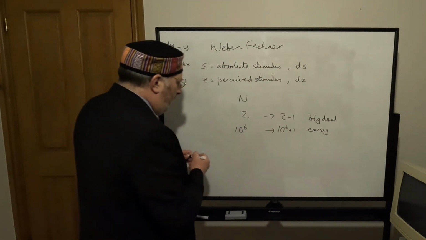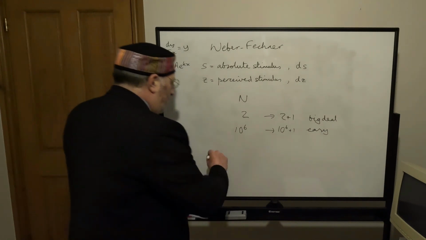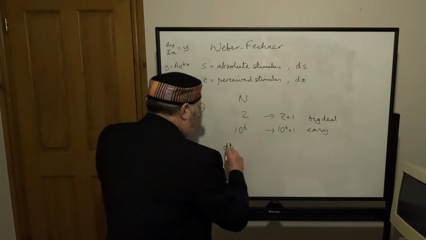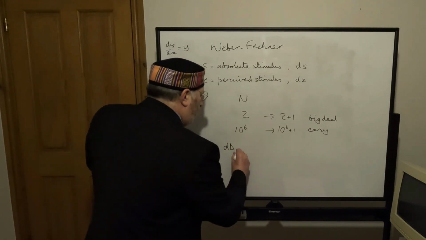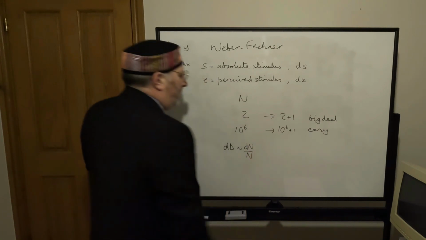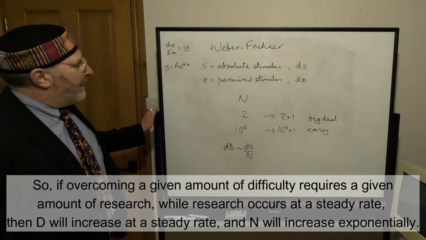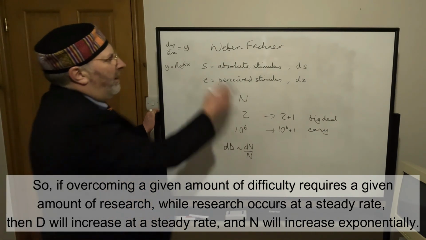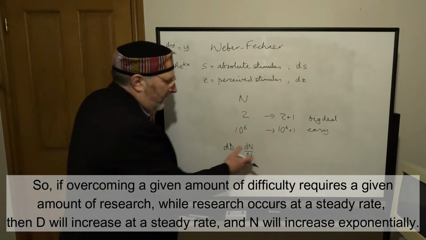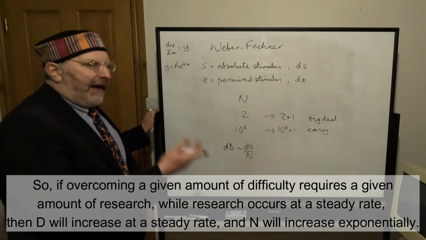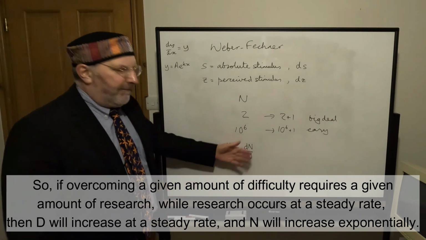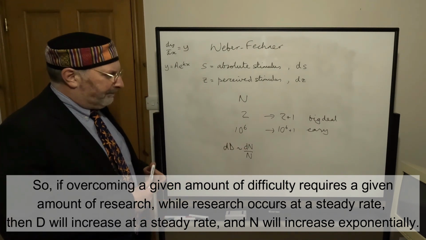So we might say that the perceived difficulty, the increase in difficulty, is proportional to the relative increase in the number. And that is a Weber-Fechner law, and that is why we are getting this exponential Moore's law for the rate of growth of the number of transistors on chips.